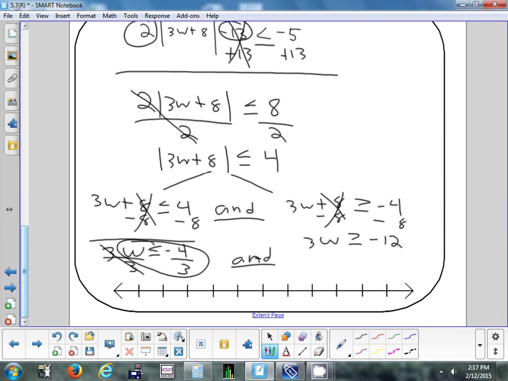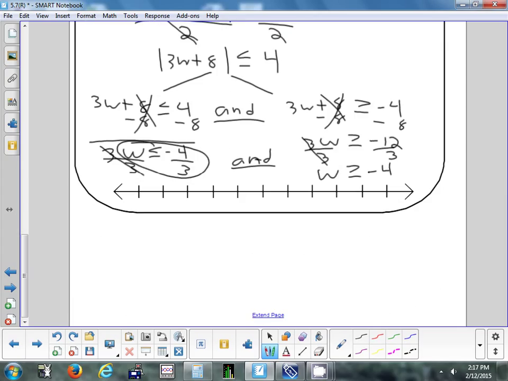Okay, so we subtracted 8 from both sides. Now my last step is to do what? Divide by 3. Do I flip the inequality? No. Okay, what do I get on the other side? Negative 4. Okay, so let's number our number line.